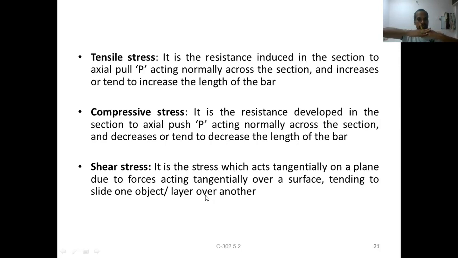At this contact surface, whatever stress is developed is nothing but a shear stress, also called a tangential stress.